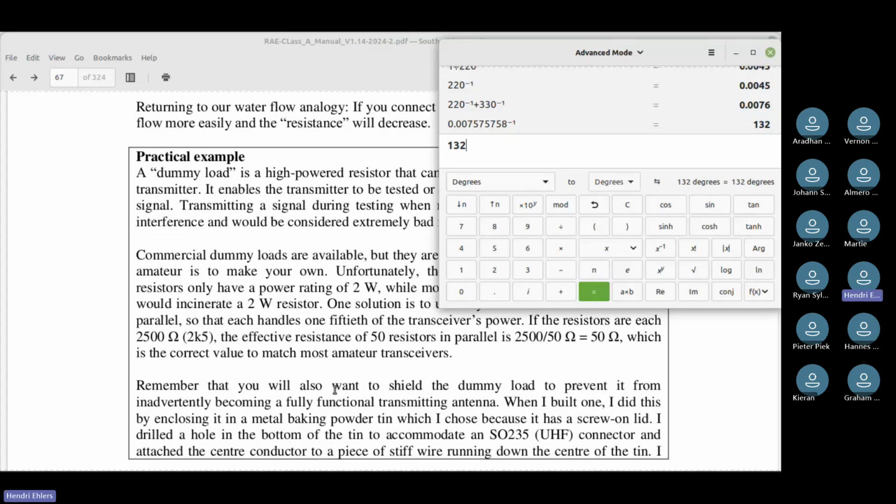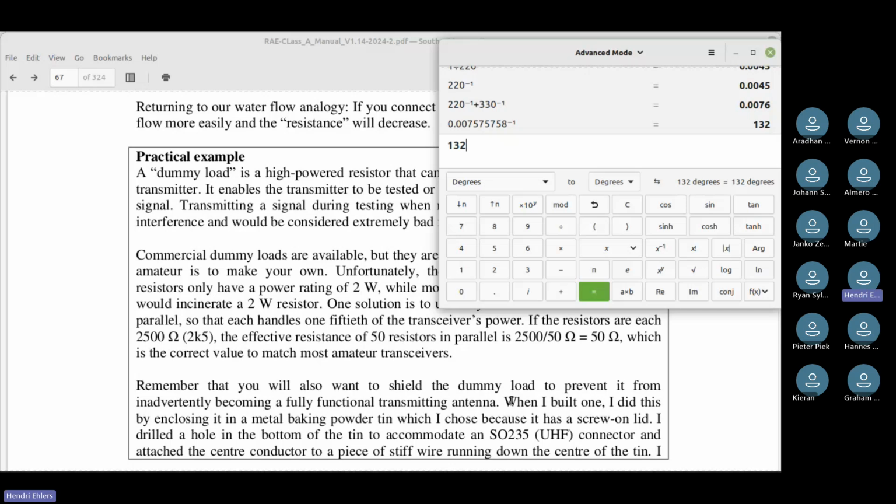Okay, the dummy load generally has a shield to prevent anything from getting out. I don't know whether you guys are familiar with a Faraday cage. It can be a fence. I've seen these chicken coops that they build where the radio technician sits in so that the RF signal can't get out.